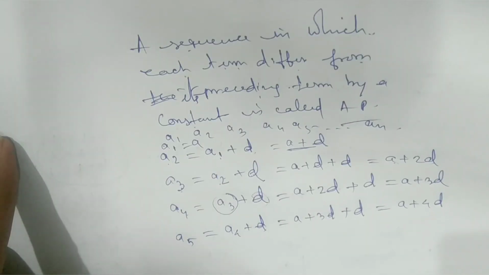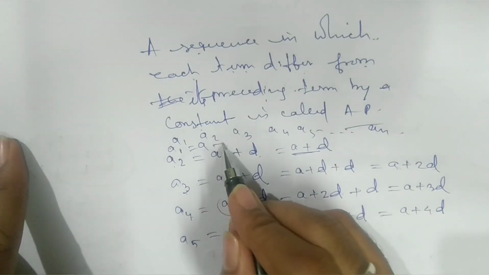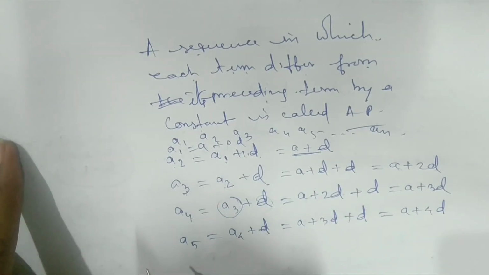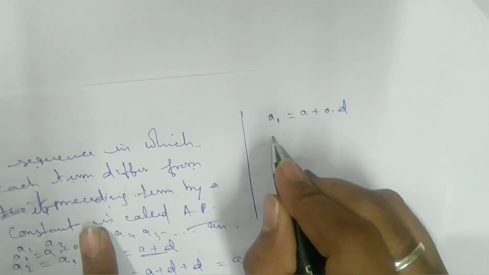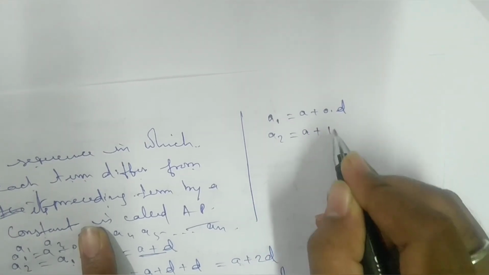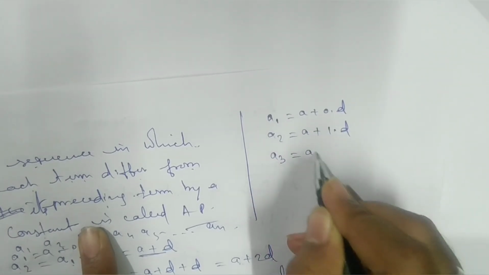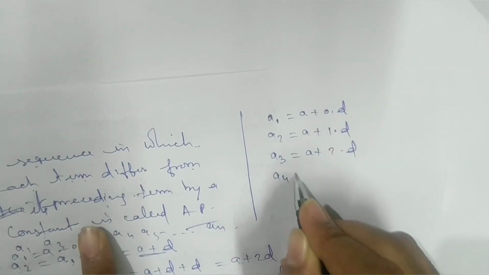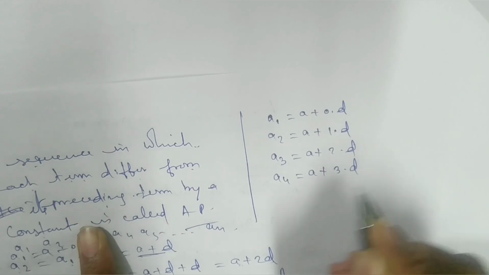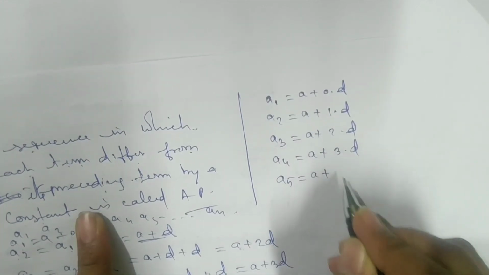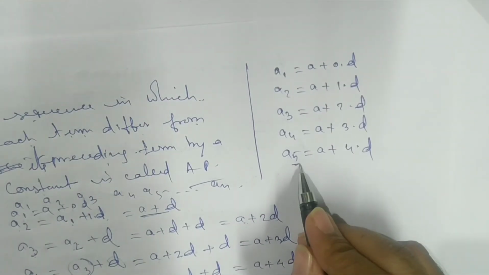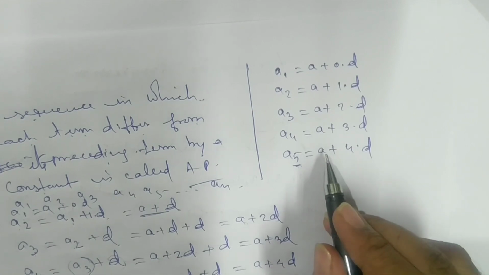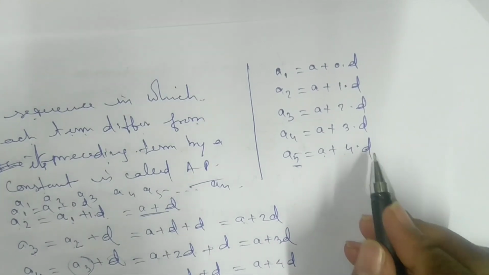Have you seen the pattern that is following? If I write 0D and 1D, the pattern is: A1 equals A plus 0 into D, A2 is A plus 1 into D, A3 is A plus 2 into D, A4 is A plus 3 into D, A5 is A plus 4 into D. That means for the fifth term, it is the first term plus 4 times the common difference.